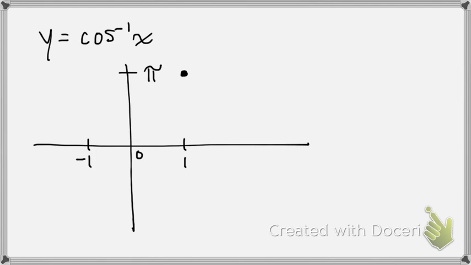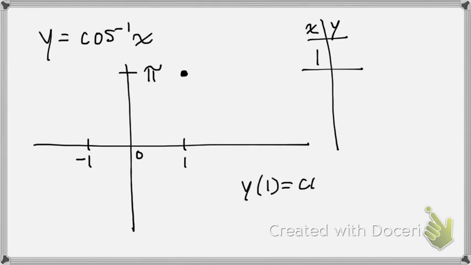And then the inverse cosine, am I saying that right? No, I said that wrong. Let's just look at a table. Shouldn't have to use this every time, but so if I go x, y, and then x is 1, when x is 1, that's y of 1, which is the inverse cosine of 1.